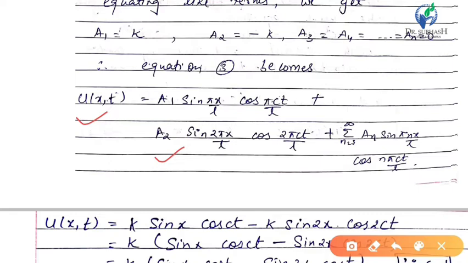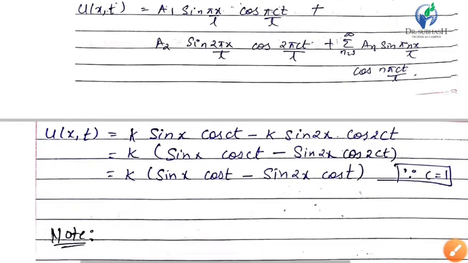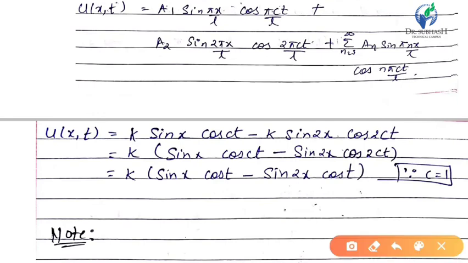Okay. So now here we have seen that from a3 to a_n all the terms are 0. So in this portion, I am considering all the terms together from n equal to 3 to n equal to infinity. Now I will substitute here the values of a1 and a2.